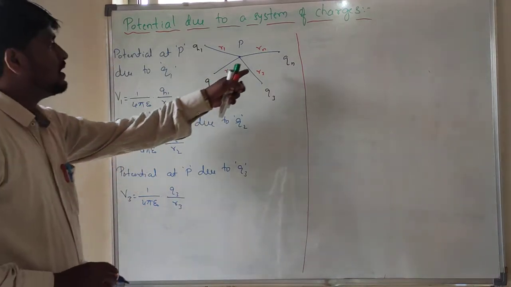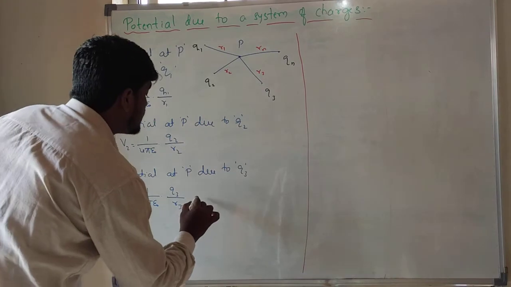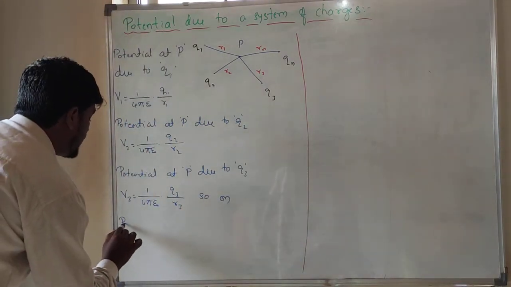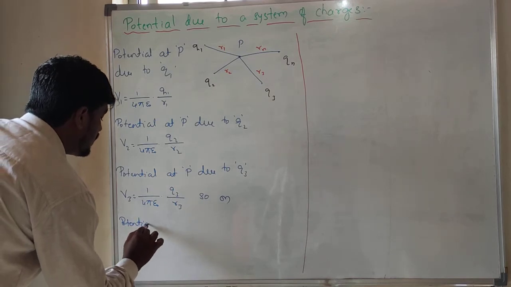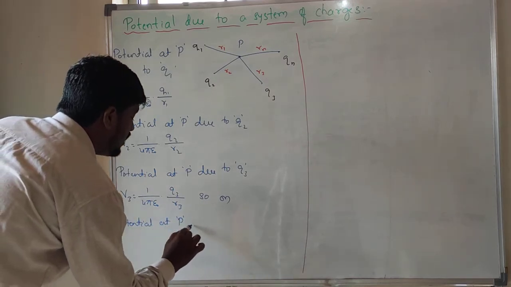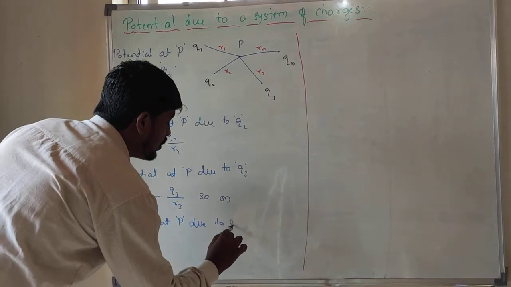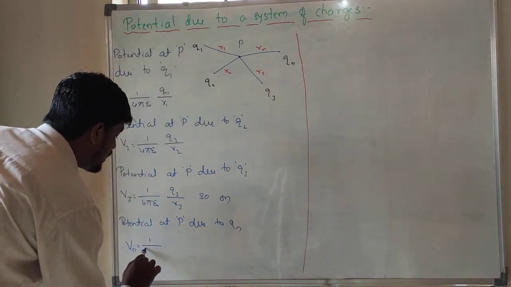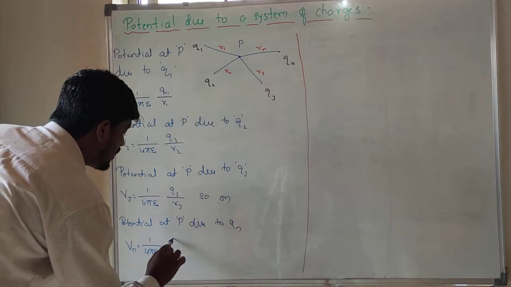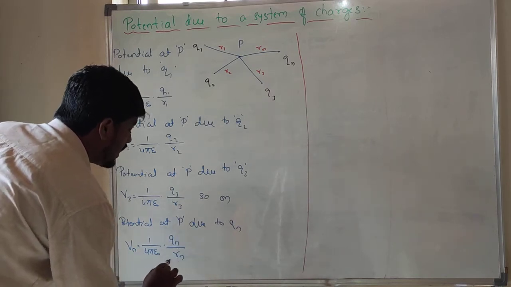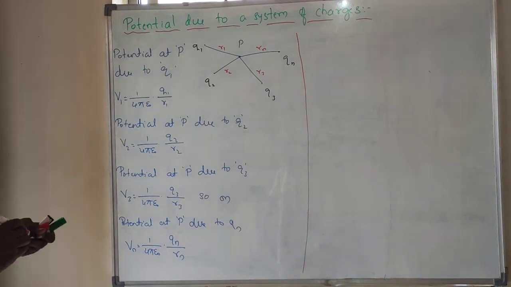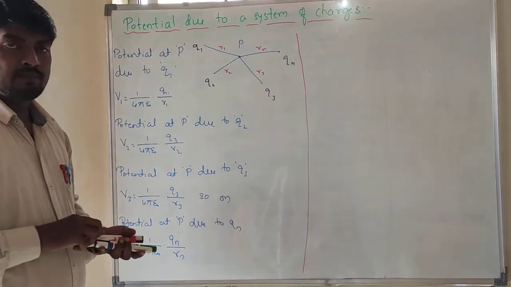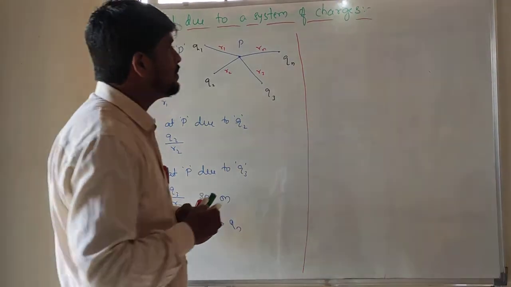Similarly, going on with all the charges, the potential at point P due to Qn is given by Vn equal to 1 by 4 pi epsilon naught into Qn by Rn. Then how do we arrive at the total potential at point P? Very simple. As I said, use the superposition principle.